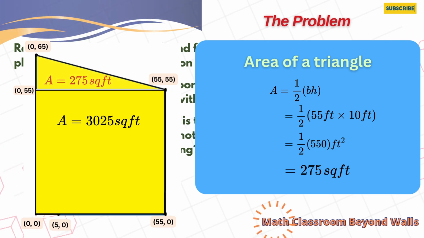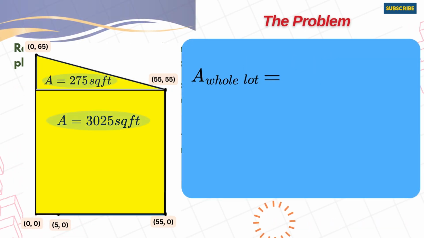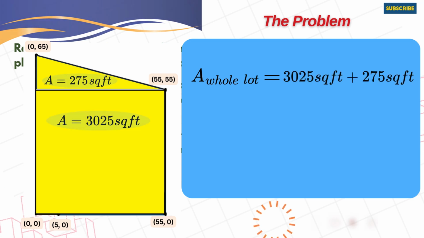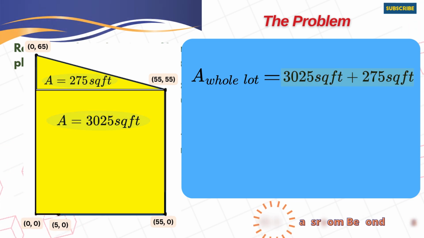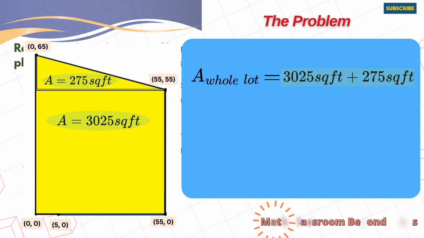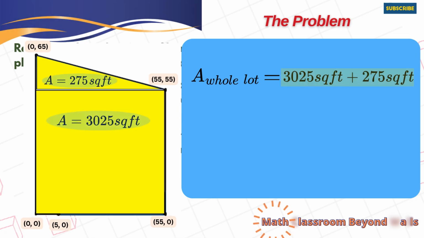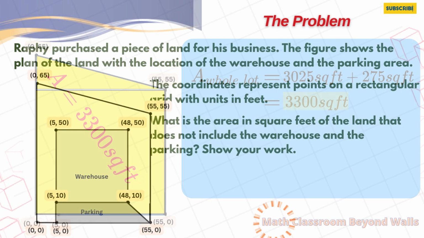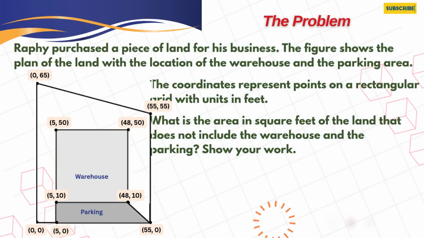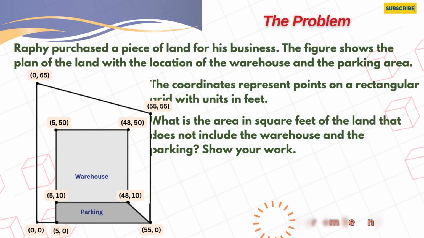Now we can find the area of the whole lot. That is, the area is 3,025 square feet plus 275 square feet gives us 3,300 square feet.